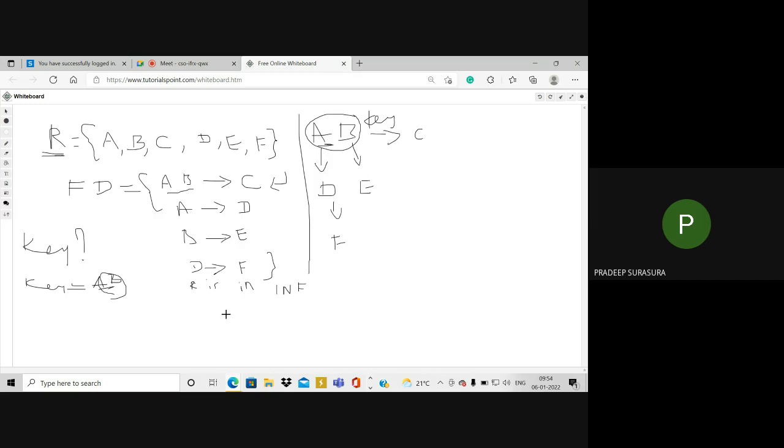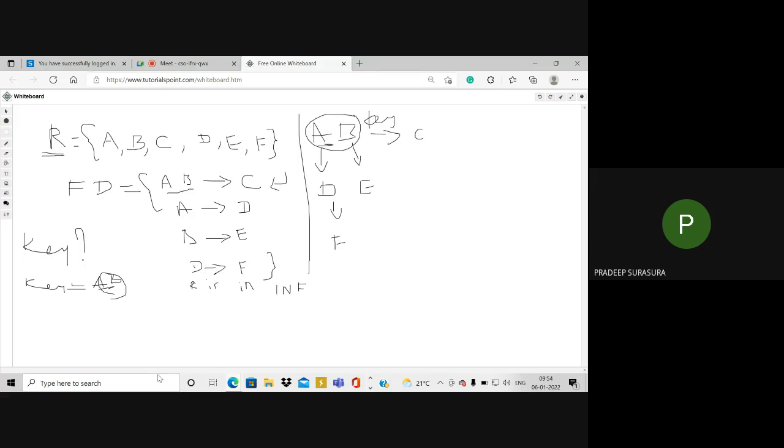Second, A determines D violates second normal form, as D is only dependent on A but not on B. Similarly, E is only dependent on B but not on A. So the FDs A determines D and B determines E violate second normal form.